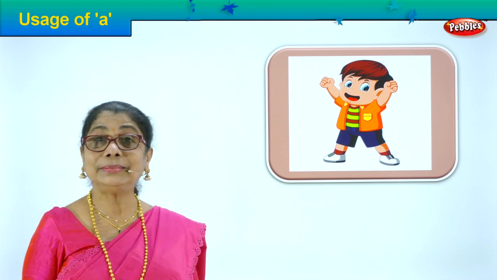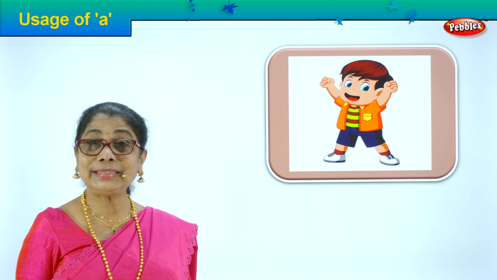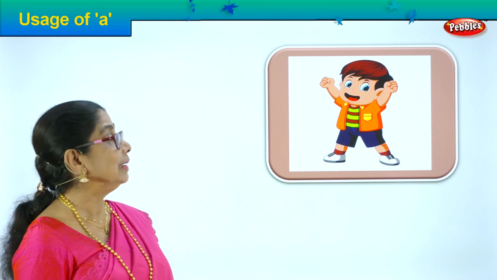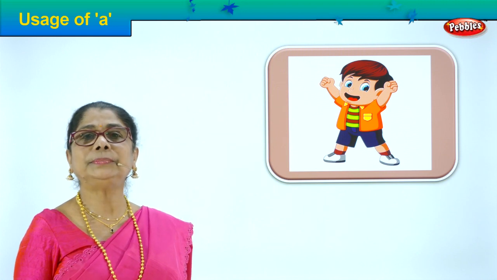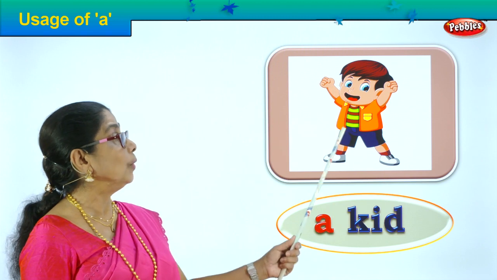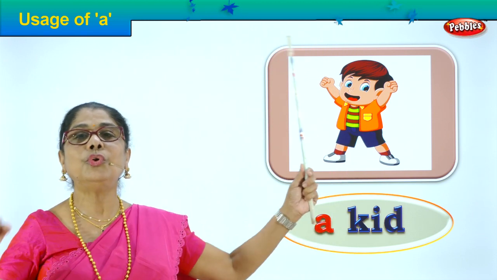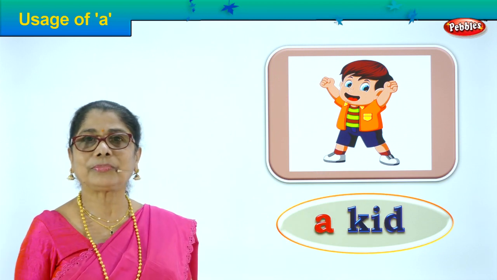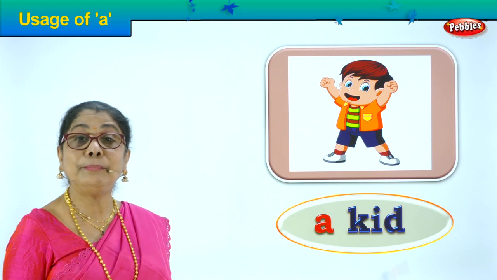Who is this? Joker? Yes. Good. Spell joker. J-O. What is this? A joker, a little kid who loves to do all kinds of tricks. Now, this is a little boy.